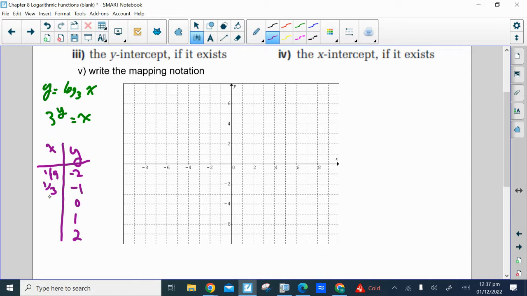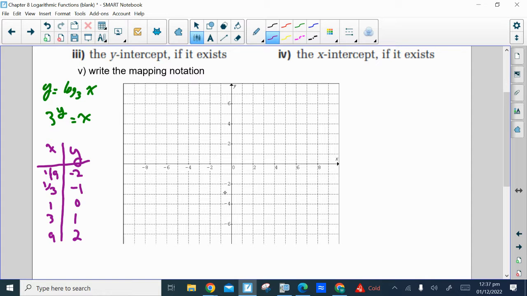When y is 0, 3 to the 0 is 1, 3 to the 1 is 3, and 3 squared is 9. So these are the points on the original function y equals log base 3 of x. We just converted it from logarithmic to exponential to make it easier to get a table of values. And because the equation was x equals 3 to the y, we started with y values.